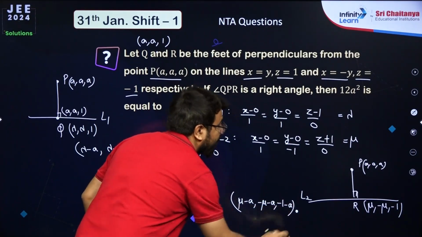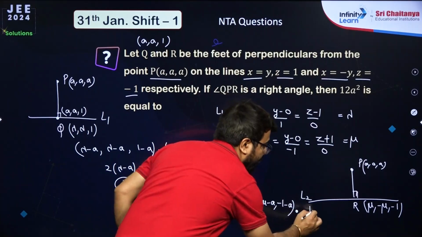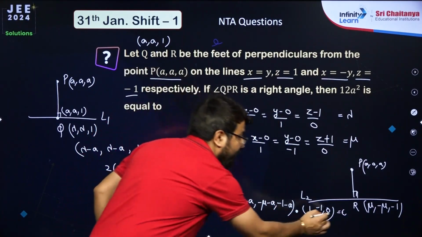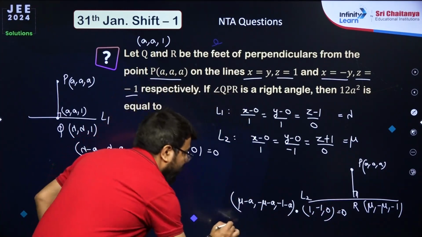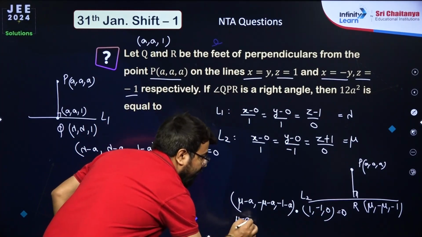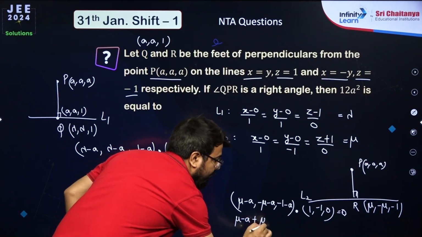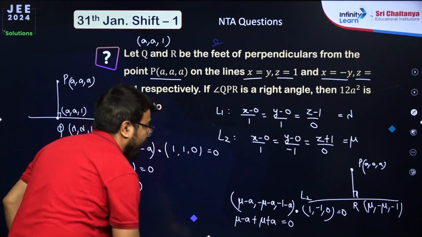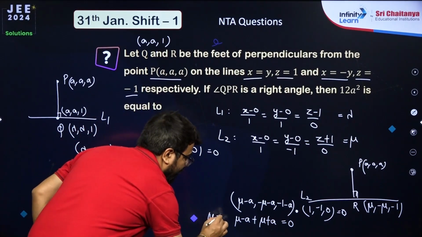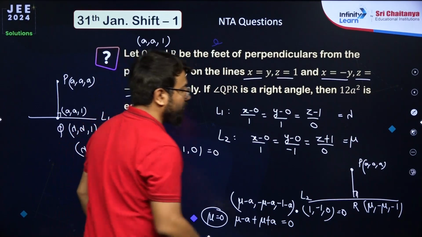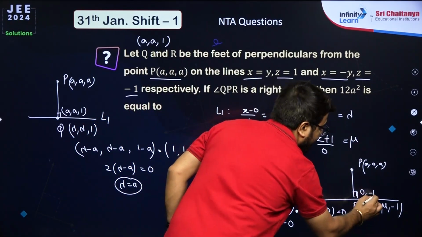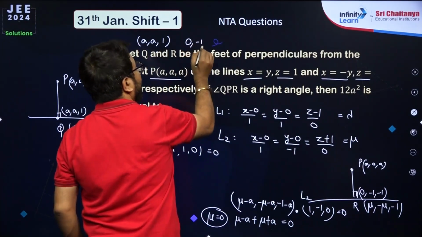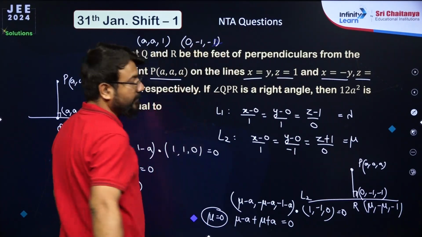If this vector is taken dot with (1,-1,0), then the result will be 0. So (mu-a)+(mu+a)=0, so here we have the value of mu as 0. If mu is equal to 0, then (0,0,-1) will be the coordinate of R.